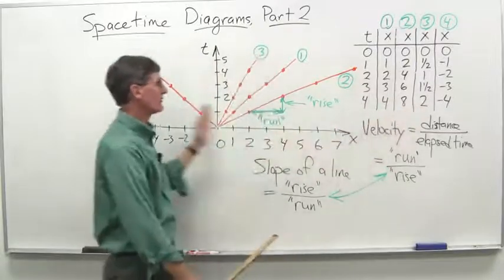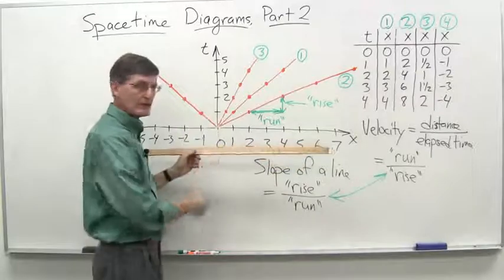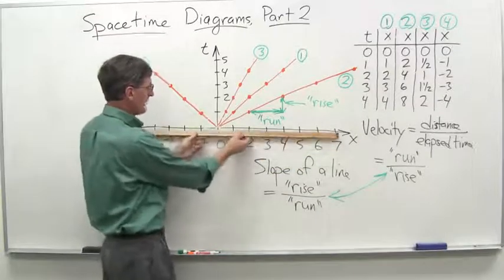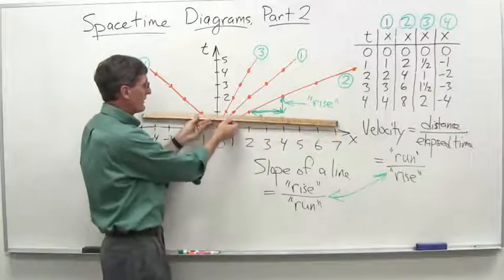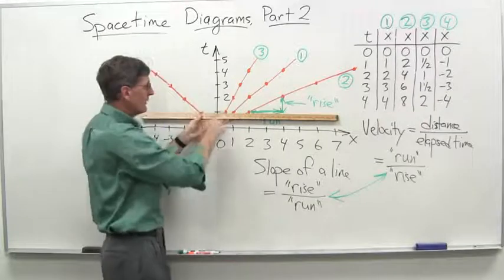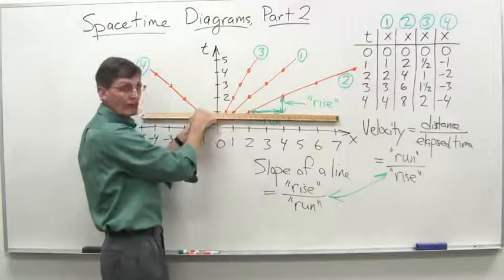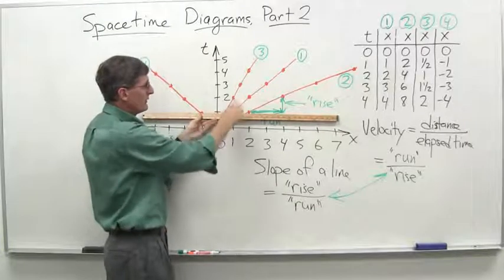And then spaceship number 4 actually goes off in the other direction. And so again, if you use the animation principle, at t equals 0, that's what it looks like. They're all at 0. At t equals 1 here, if we took a snapshot of the whole x-axis, these would be the locations of our 4 ships. This is one going that way, and this is number 3, number 1, number 2.